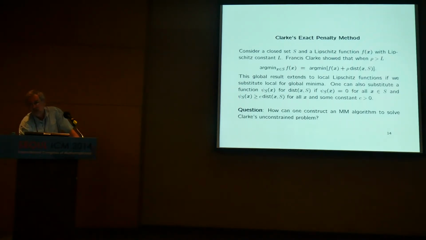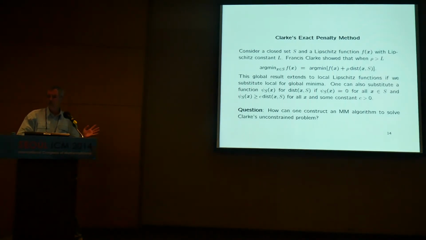Okay, so the question that popped into my mind as I was trying to read through this material was, how can I convert this exact penalty method into a workable practical algorithm? Because the distance function itself is a somewhat nasty object. It's, for example, not necessarily differentiable. So the rest of the talk has to do with how I approach this problem.